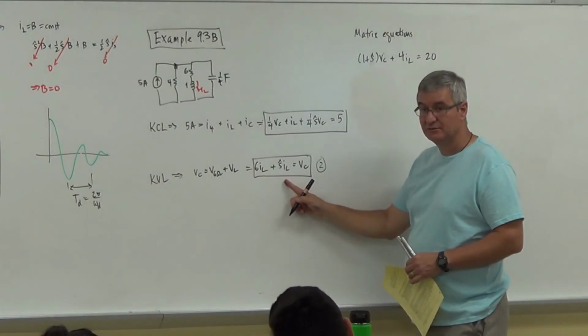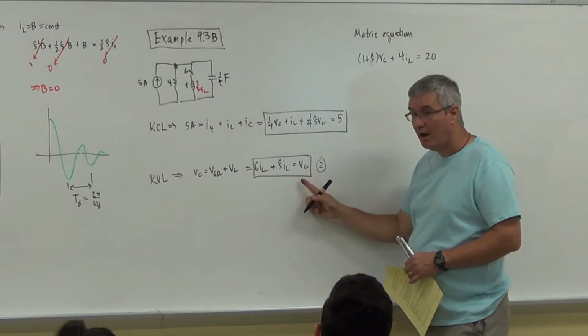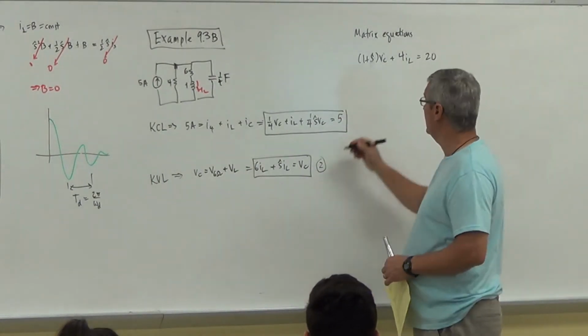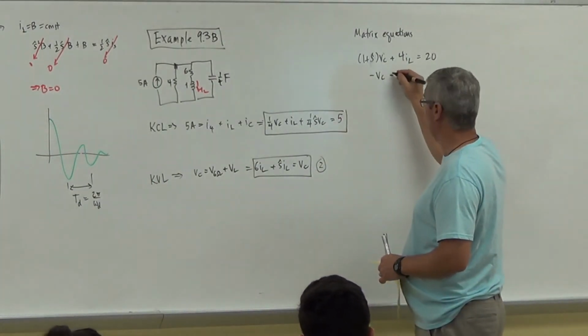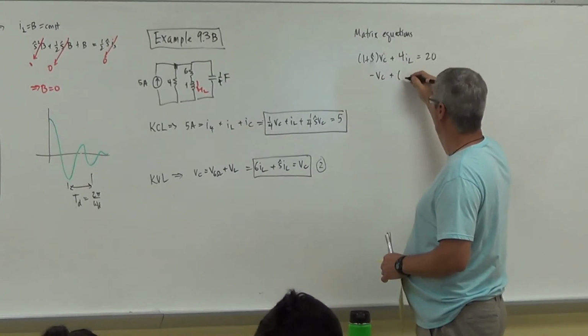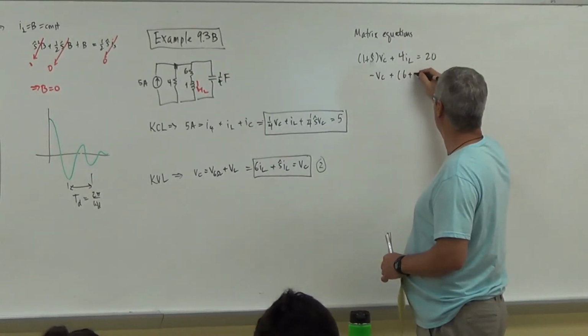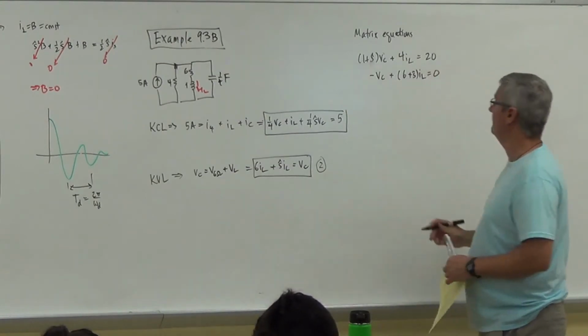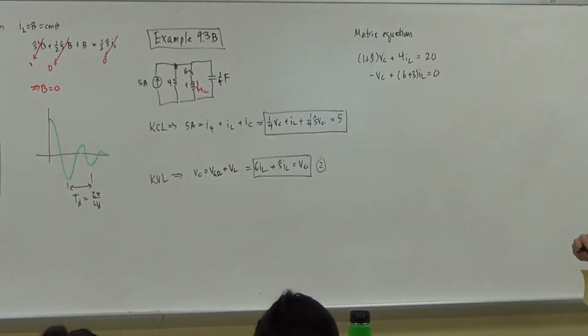Look at my second equation. See that VC? I'm going to bring it to the other side, so I'm going to get a negative sign. So when I do that, I'm going to get minus VC plus 6 plus S hat IL equals 0. Now I'm going to make my matrix.